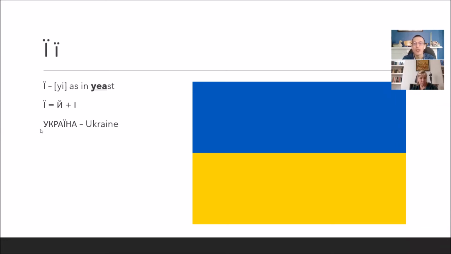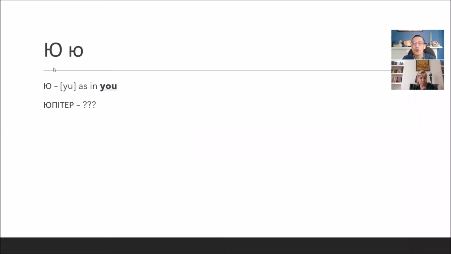You can see it in the word U, K, R, A, Y, N, A. Ukraina, and as you probably all guessed, it means Ukraine. Good. The next one is Yu, as in you.